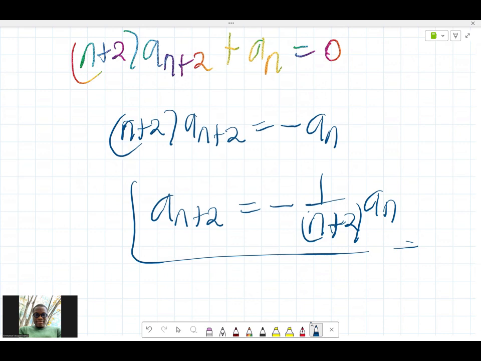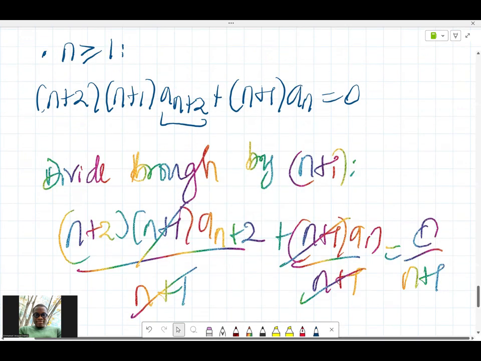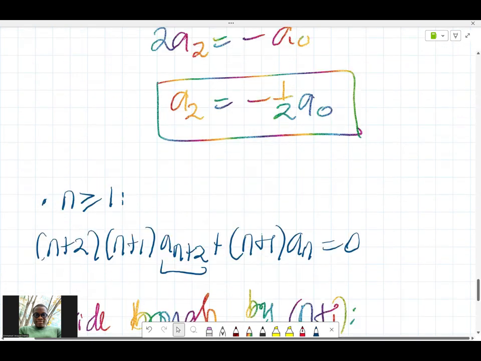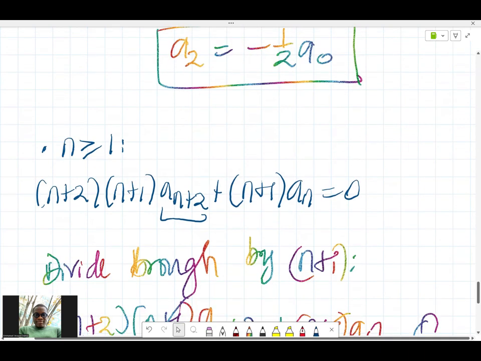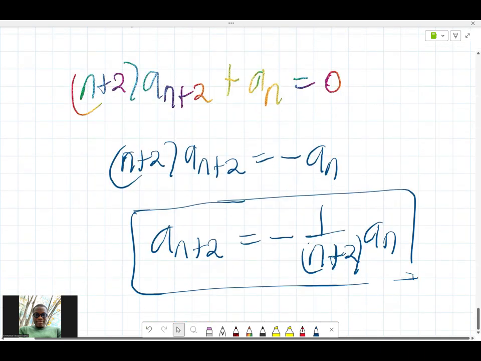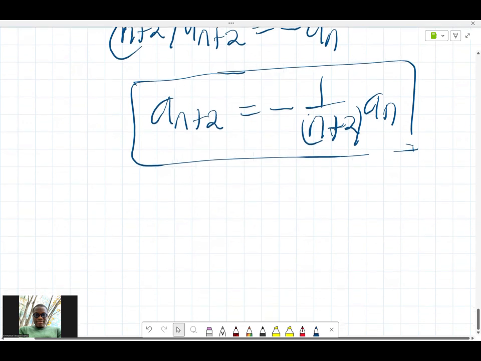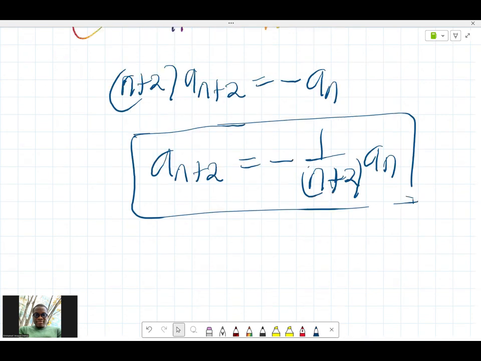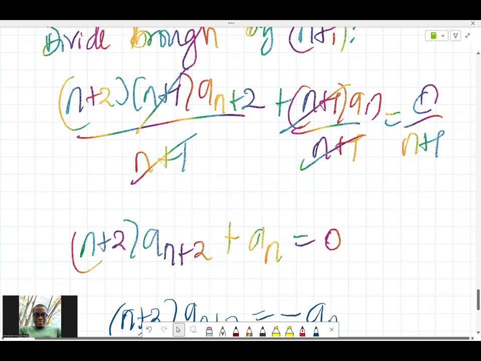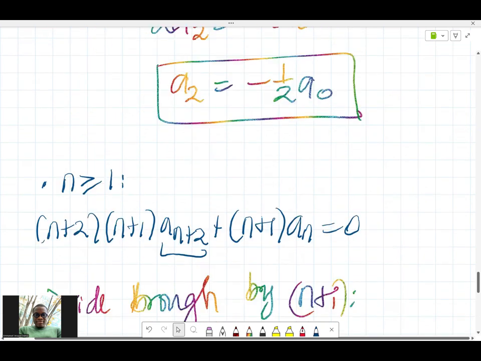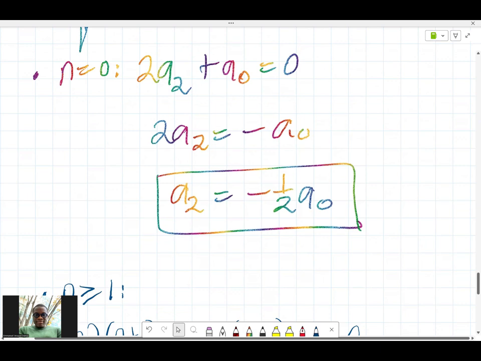So this is another recursive relationship, and it only holds for n greater than or equal to 1, because the one for 0 is already stated up there. With this in place, we can get our recurrence relations. We already have a2 and a naught, but we don't seem to have a1.